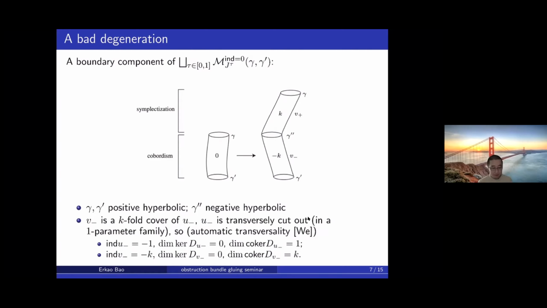So if K equals 1, then this is exactly what we want, because the upper one will be D, and the lower one will be the chain homotopy K, and that's exactly what we want. But because V minus can be a multiple cover of U minus, we need to study this situation.